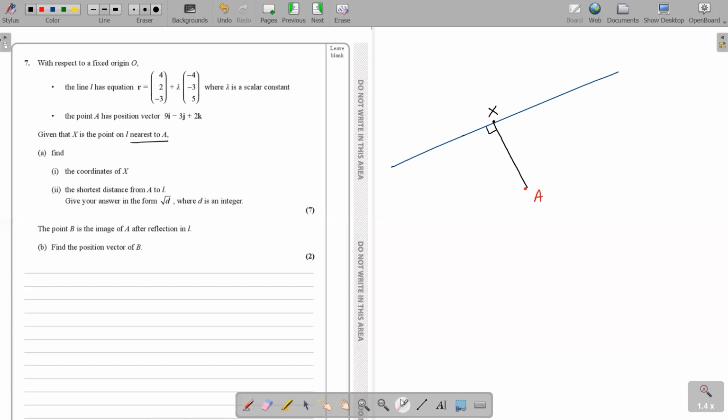Okay, they are asking you to find the coordinates of X. How do we get the coordinates of X? First thing is X is lying on the line, so you can get the general coordinate of any point on the line. You get the r value here: 4 plus lambda into minus 4 is 4 minus 4 lambda, 2 plus lambda into minus 3 is 2 minus 3 lambda, minus 3 plus lambda into 5 is minus 3 plus 5 lambda.